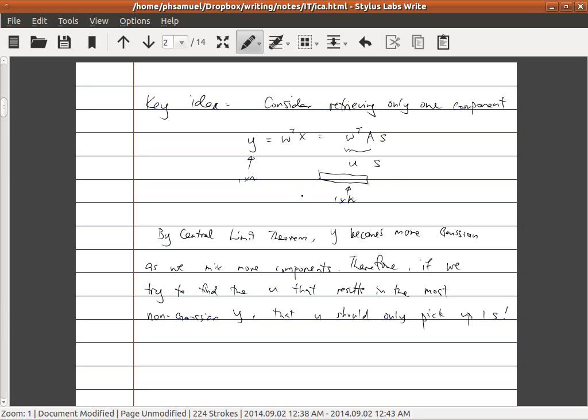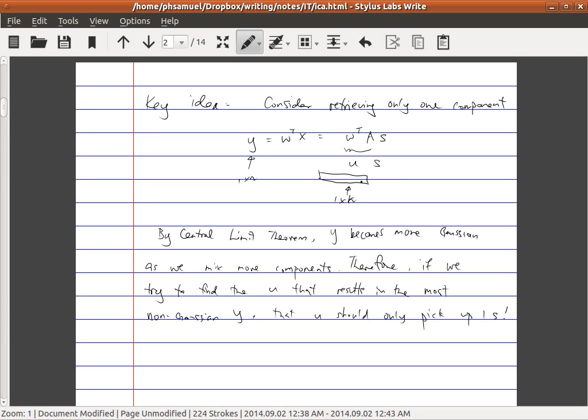So, in other words, if we can ensure that we pick the most non-Gaussian y, let's say we find some u such that y will be as non-Gaussian as possible, then that u has to contain only one non-zero component, so y will be getting it from only one of these s here. In other words, y will be just equal to one of the s.